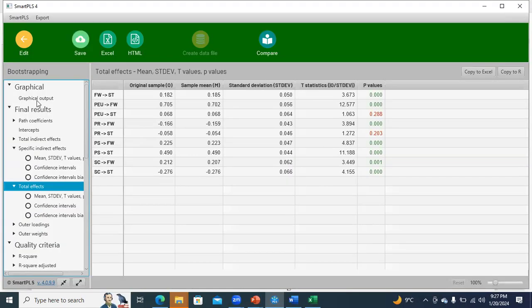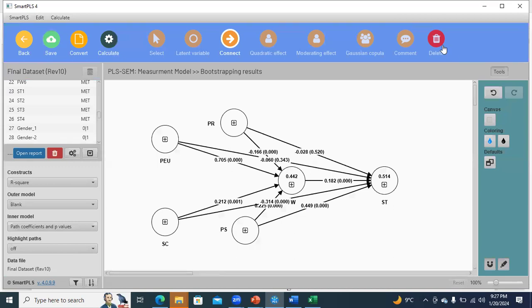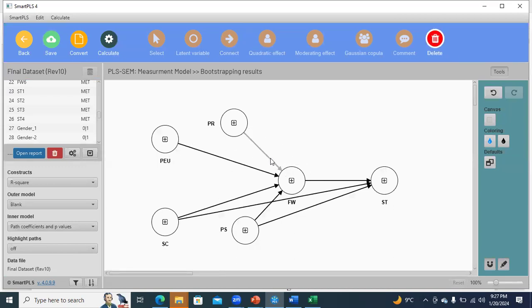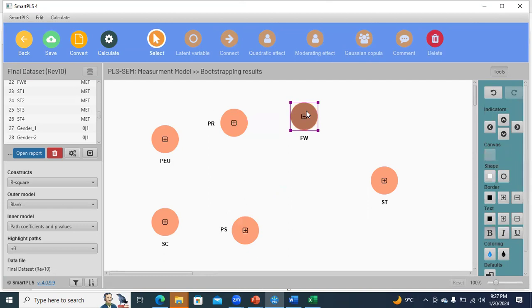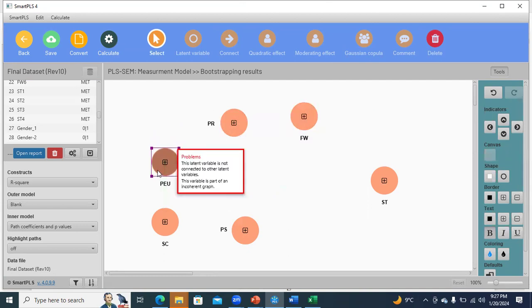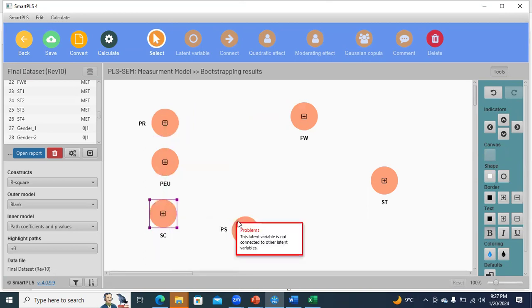Go to the graphical output. You can also run the moderation analysis here in the way that you want. For example, I delete these all at once. For example, let's suppose this is our moderator and these are all independent variables.